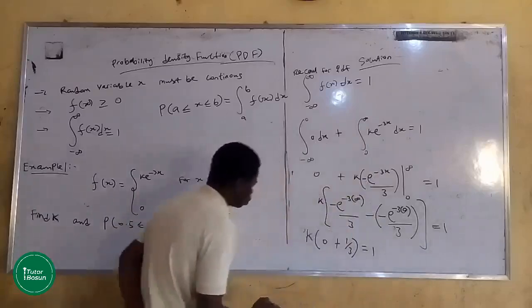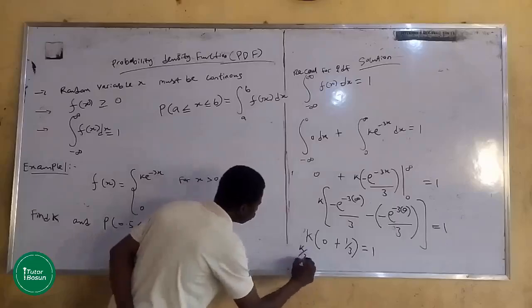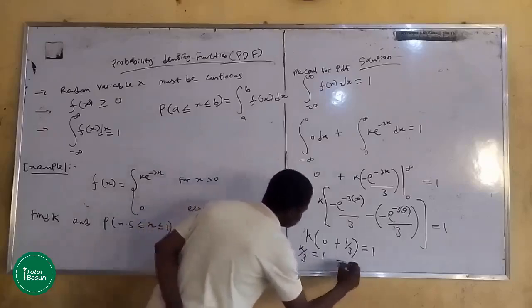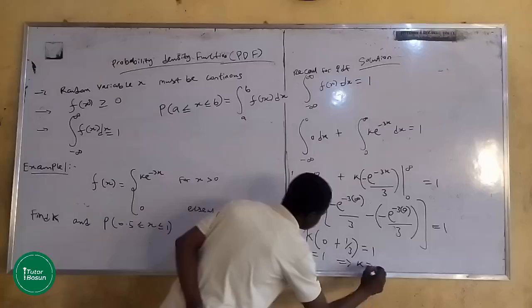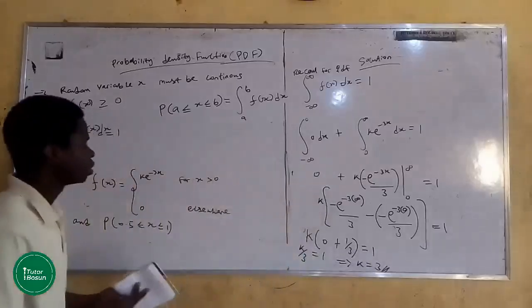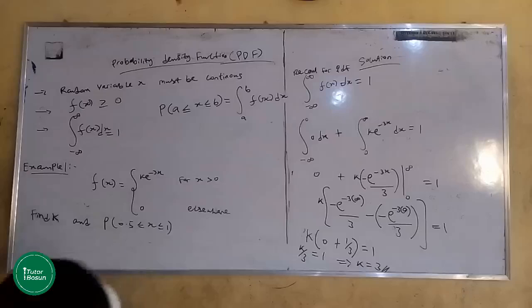So then we have k over 3 equals 1. Then finally, k equals 3. So we are able to get the value of our k.